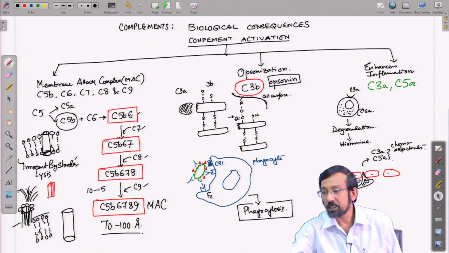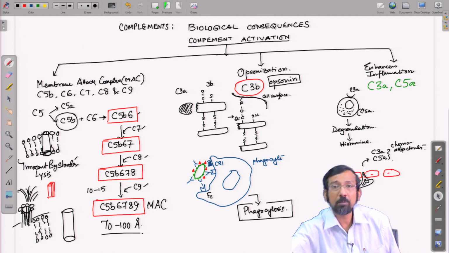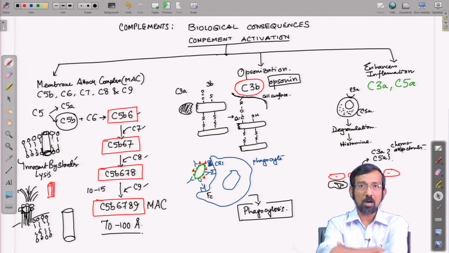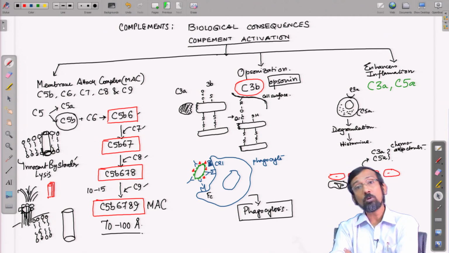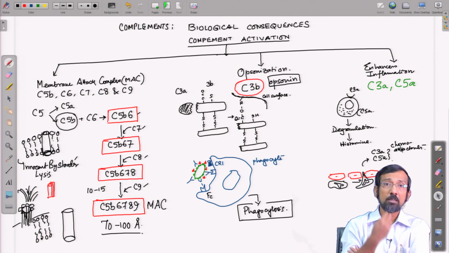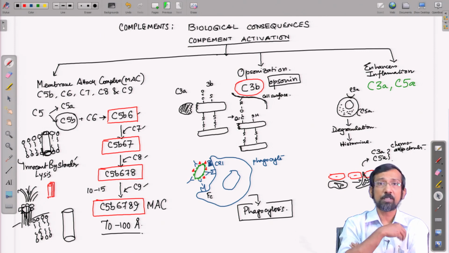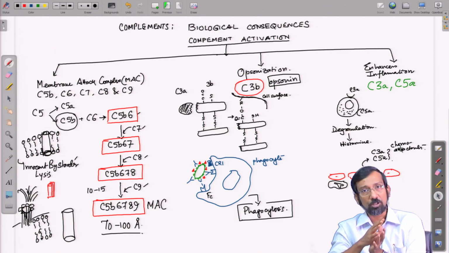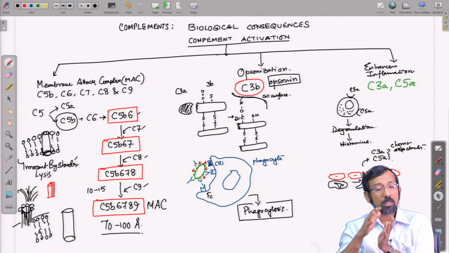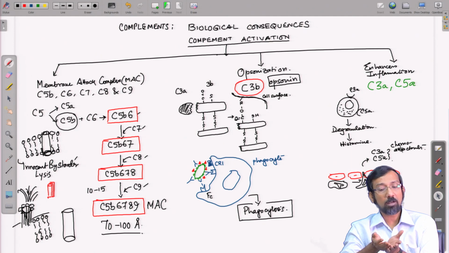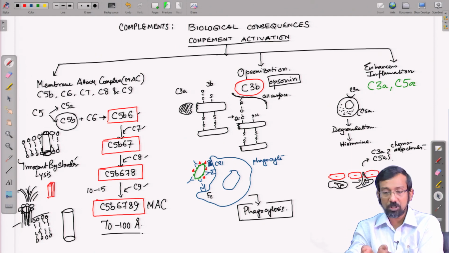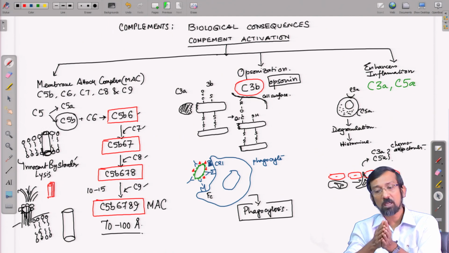Now, the question is, if these complement proteins can do so many harmful things, why don't they do it to our self cells, to our own cells? It targets the pathogen. It only creates membrane attack complex on the pathogen. It only opsonizes the pathogen or coats the pathogen surface.